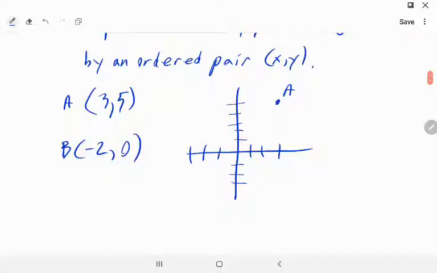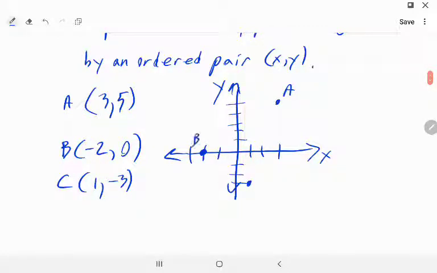We find negative 2 on the x-axis, and then we stay on the x-axis to indicate that we're not going anywhere vertically. Then if C was 1, negative 3, we'd find x is 1, y is negative 3. So we've got point B at negative 2, 0, and point C at 1, negative 3.